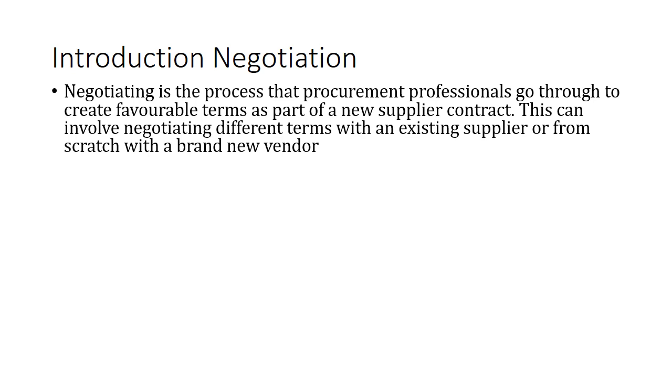In each and every organization, negotiation is a skill followed by the purchaser, and it is a process of procurement professionals who use and follow a strategy in such a way that creates favorable terms for the finalization of the contract.